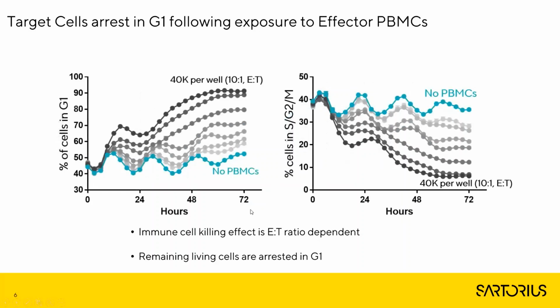To quantify that, the next slide here shows on the y-axis the percentage of cells in G1 on the left-hand side and the percentage of cells in SG2M on the right-hand side over time.